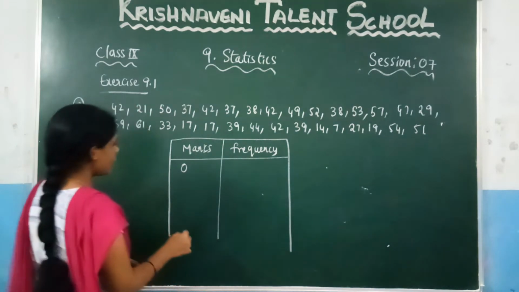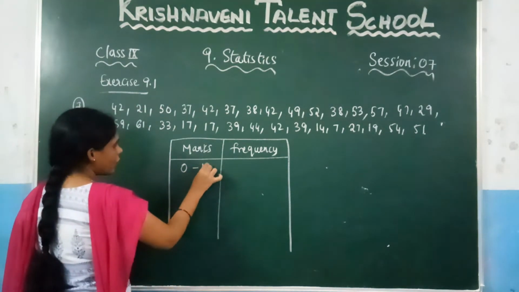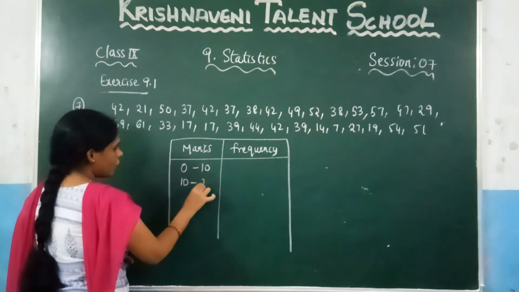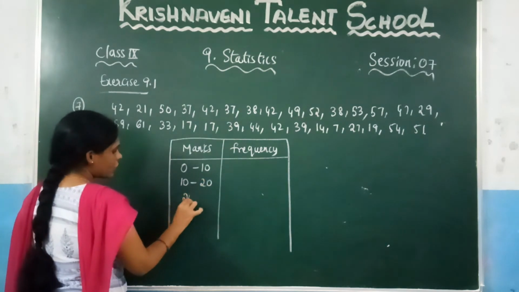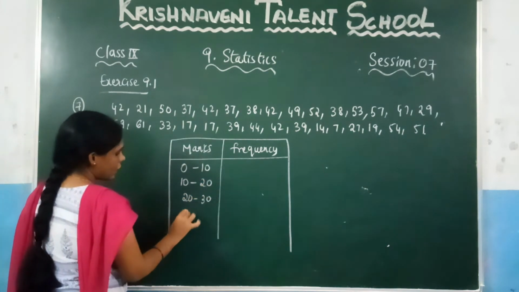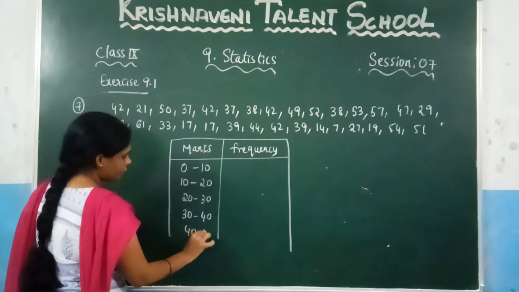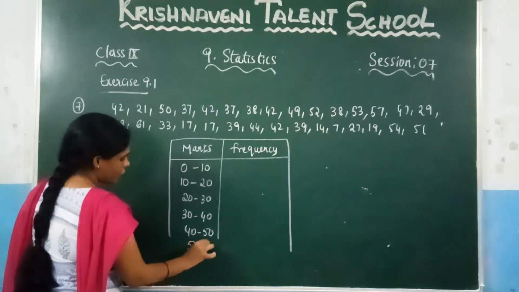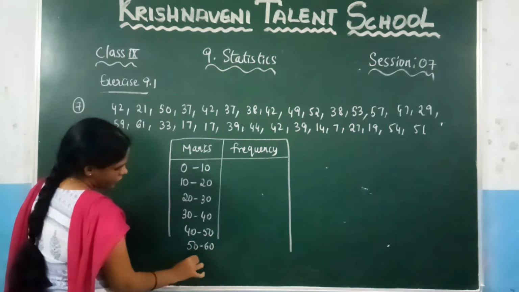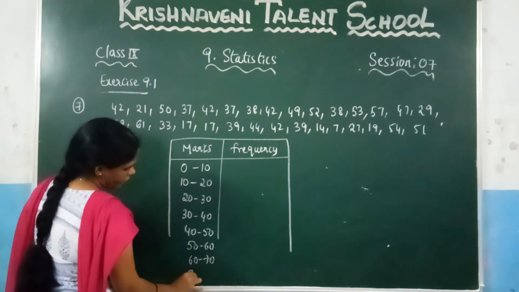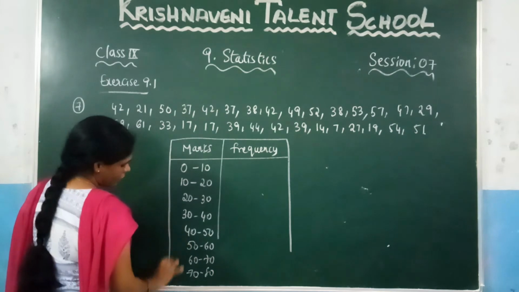So you can take it here as 0 to 10, 10 to 20, 20 to 30, 30 to 40, 40 to 50, 50 to 60, 60 to 70, 70 to 80. Right?